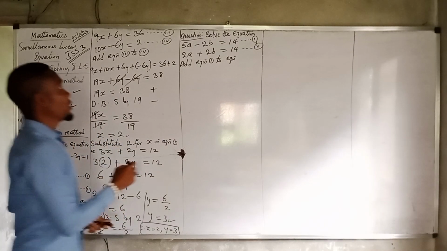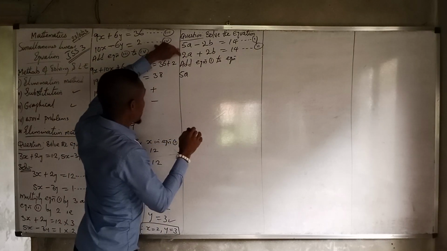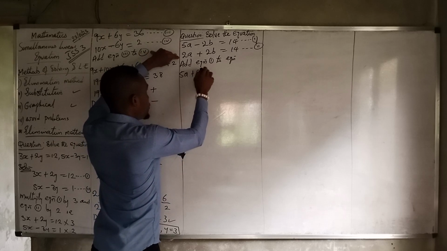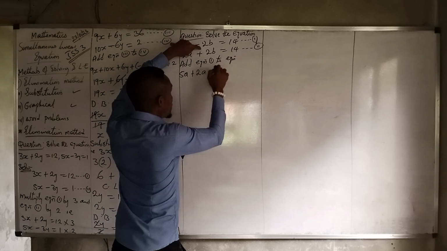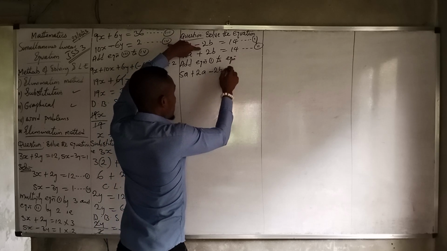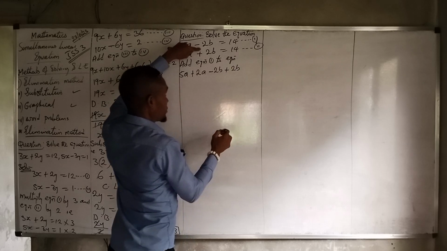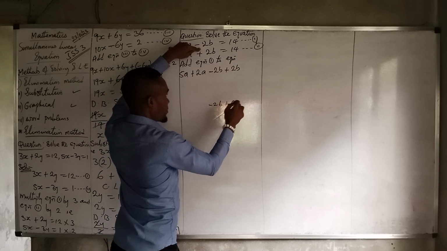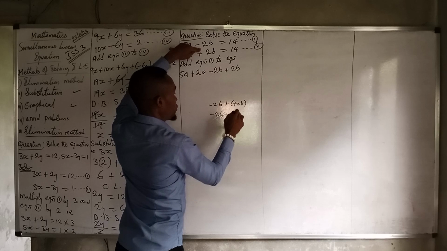Minus. Subtraction. Okay, so I have 5a, and you add this one to this one. 5a plus 2a. The next one, minus 2b plus 2b, equals 14 plus 14. Some people say minus 2b plus 2b, which is the same thing as 2b plus 2b.